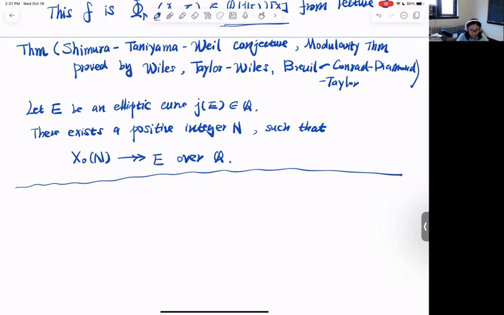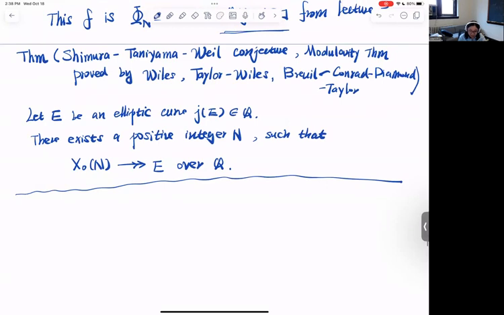Okay, so this is what I want to introduce about modular curves. Next, using this modularity theorem, let's go back to the beginning of the motivation, right? I told you that we want to study the rank of the curve, which means I want to be able to somehow count rational points on elliptic curves. And now, given an elliptic curve over Q, I can find a modular curve that admits a finite cover, a map to E, right?